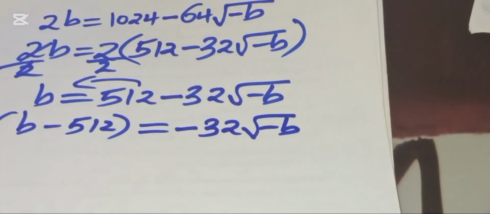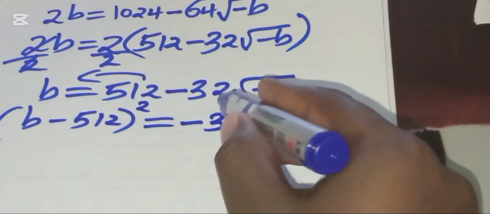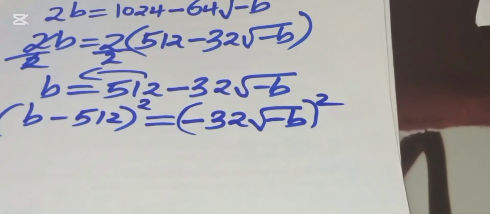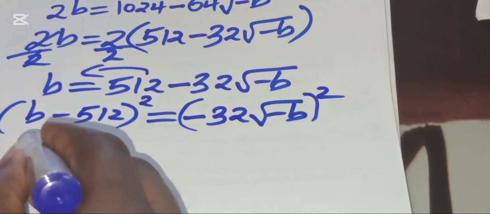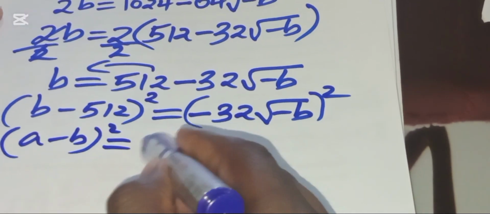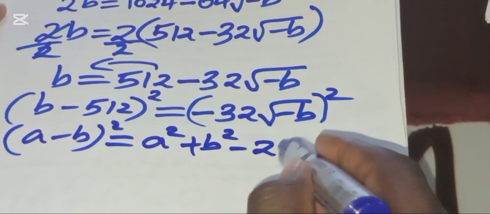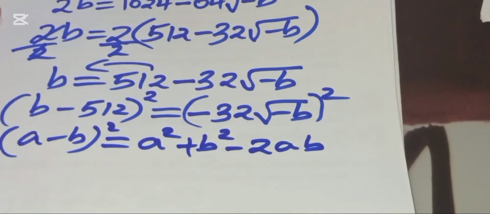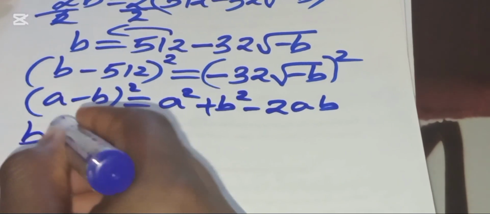Now the second phase is to square both sides. We square both sides. As you can see, b minus 512 raised to power 2 is again in the form of (a minus b) squared, which we can express as a squared plus b squared minus 2ab.